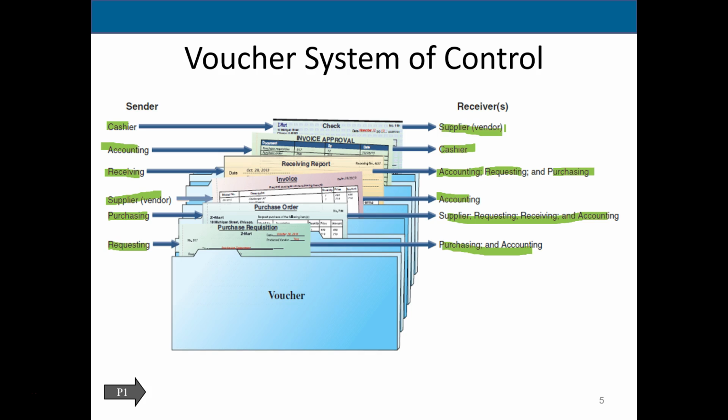So clearly this is a fairly long process, but it does have the proper separation of duties and approval process, which can give the safeguards necessary for a larger company to properly order something and receive it and verify that the process has taken place and we have received what we intended to receive.